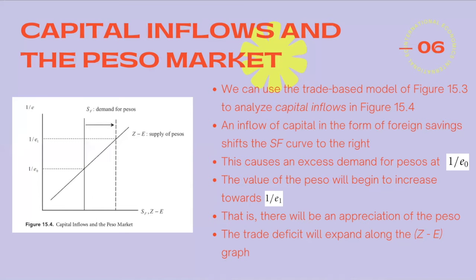As this occurs, the trade deficit will expand along the Z minus E graph, and the supply of pesos will therefore increase to meet the demand at the 1 per E1.